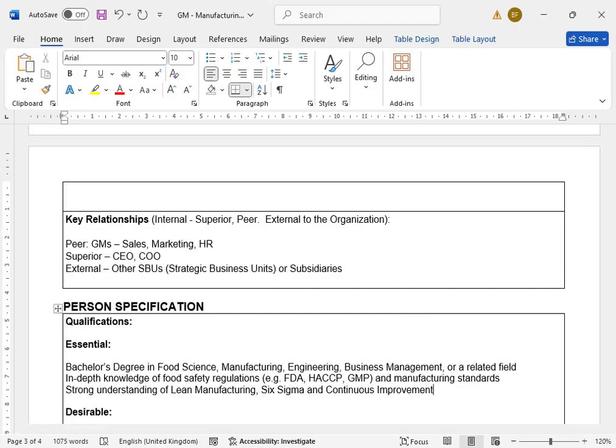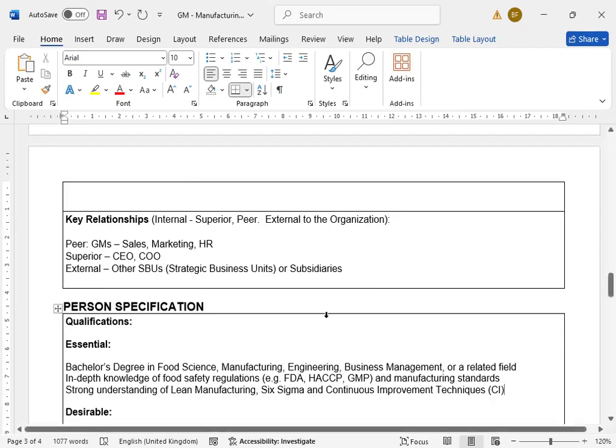You should know about continuous improvement techniques. I will say CI, continuous improvement. So what about the desirable?